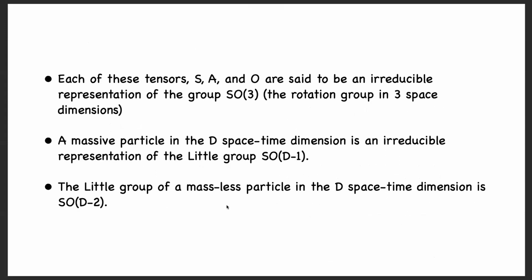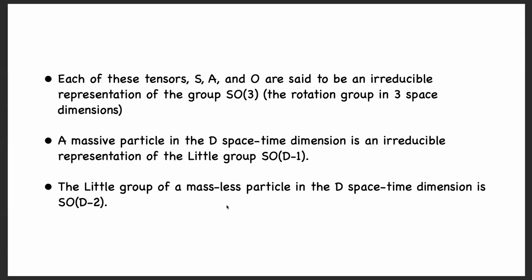So each of these, the symmetric tensor S and the antisymmetric tensor A, forms an irreducible representation of the group, which is the rotation group in 3 dimensions. Now, I have talked about the little group. We represent the particles as irreducible representations of the little group.